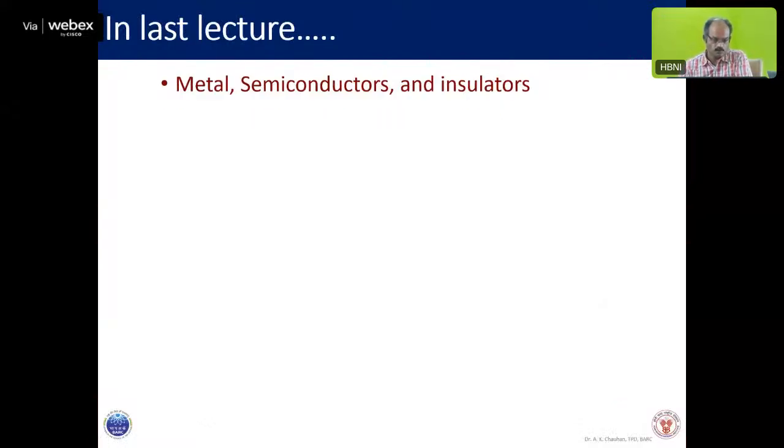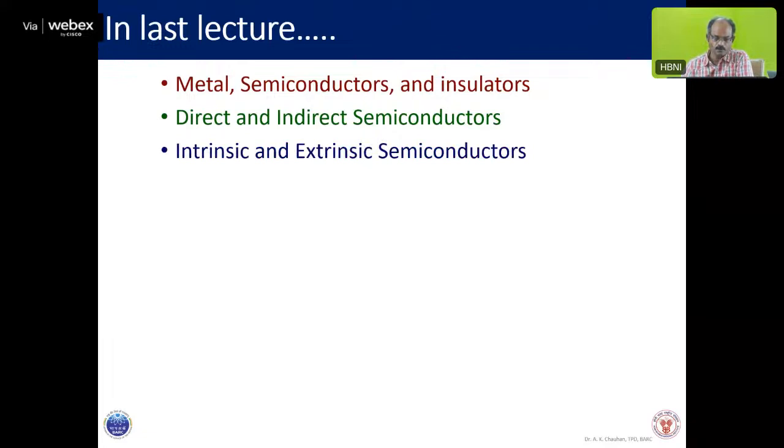So let us summarize what we studied in last lecture. Metal, semiconductor and insulators. Then we studied the difference of direct and indirect semiconductors. We also saw the difference between intrinsic and extrinsic semiconductors.